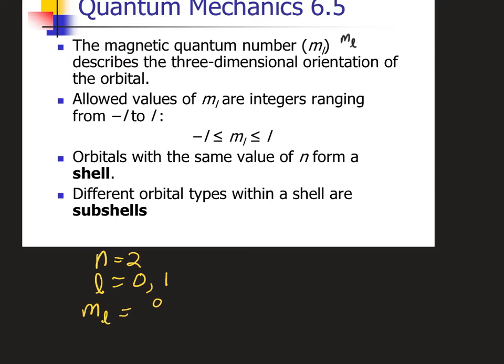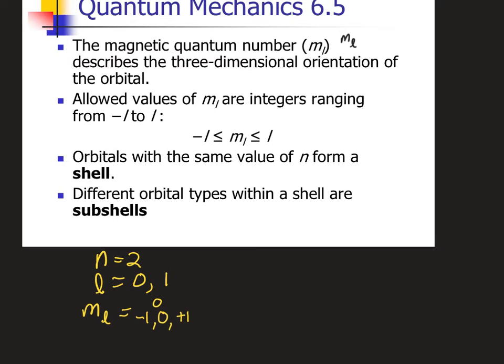Okay. If you have an L value, angular momentum number, of 1, you have negative 1, 0, and a positive 1.